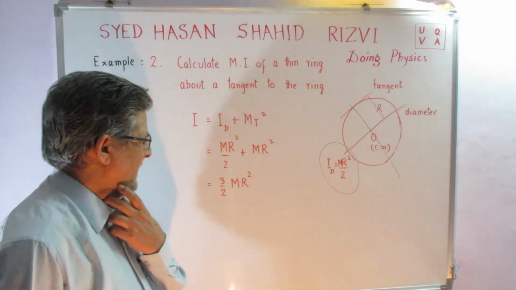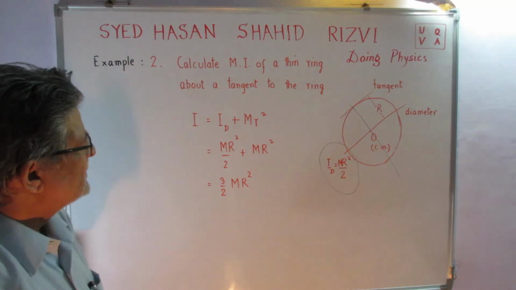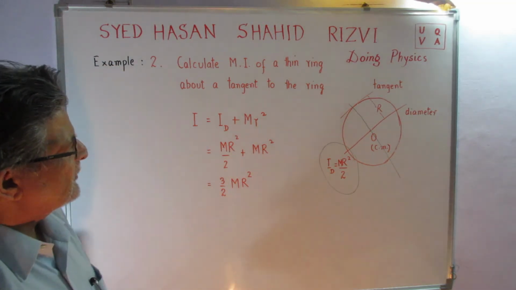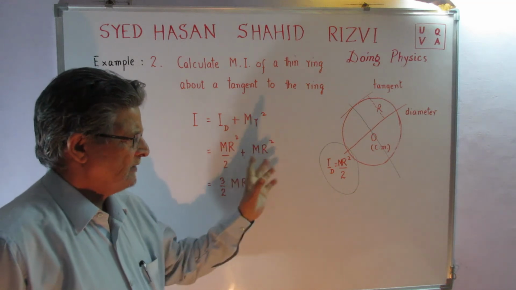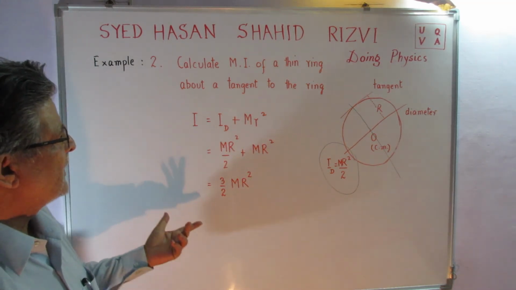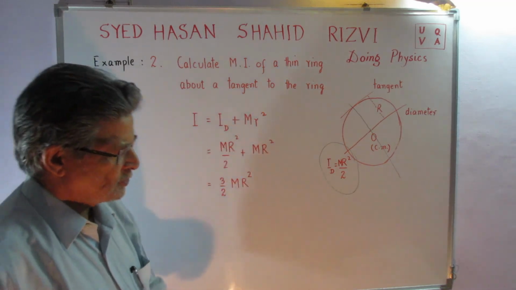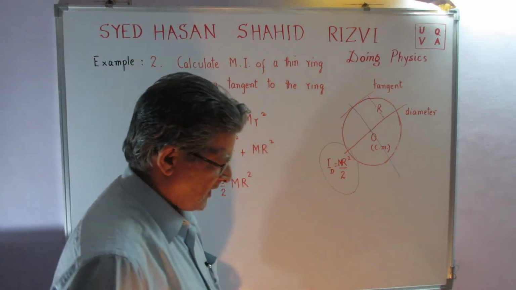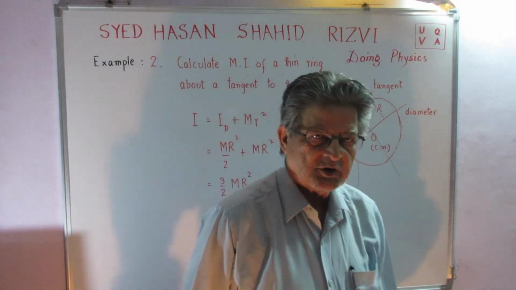You know that. And now the next item: we have done with the moment of inertia. We have done with the calculation of moment of inertia, the definition of moment of inertia, the two theorems associated with that, and we have applied the two theorems in some situations.